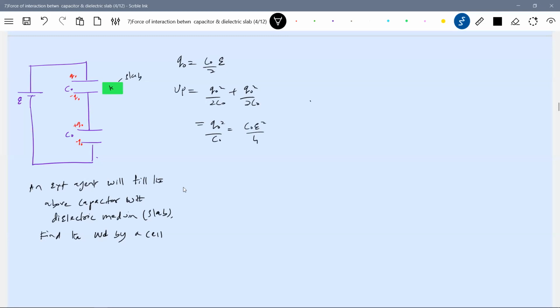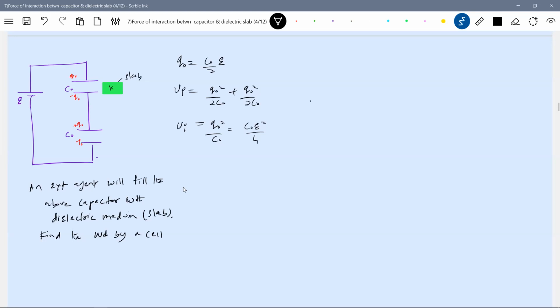So this is C naught E square by 4. This will be the initial energy in the circuit. What was the initial charge of the system? It was Q naught.